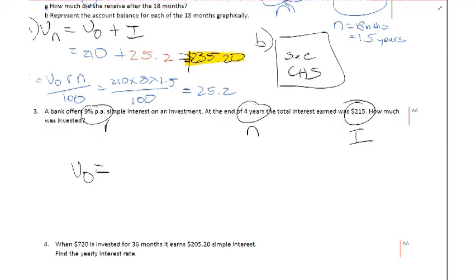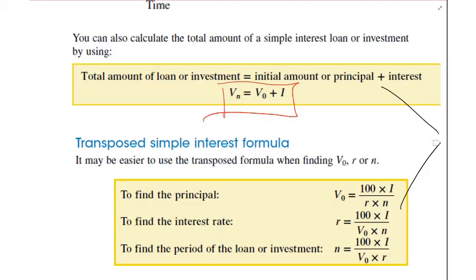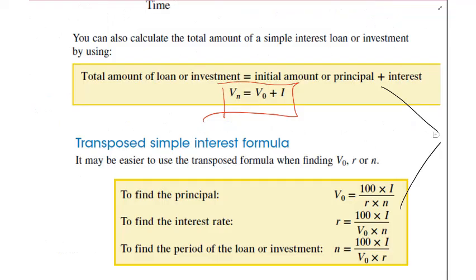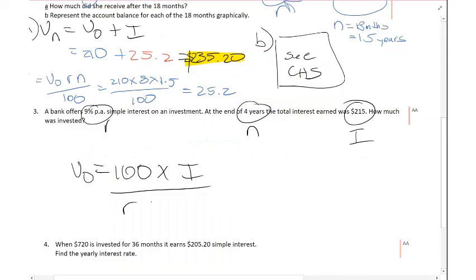V0 equals 100 times I divided by R times N. 100 times I was 215.